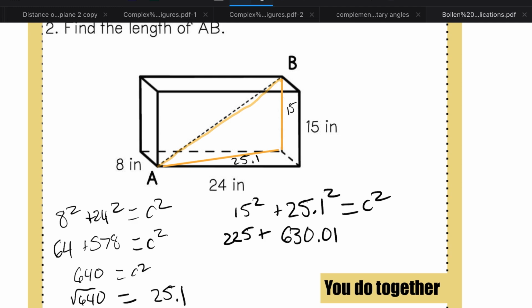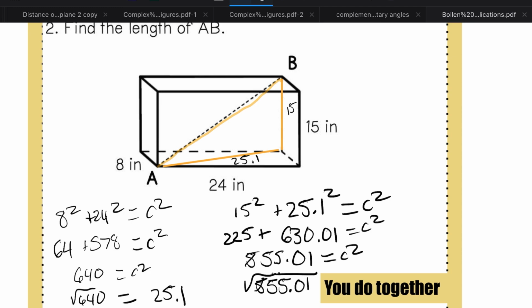630.01, and you add the two. 630.01 plus 225 is equal to 855.01, and then when we take the square root of that, we get C is equal to 29.2.